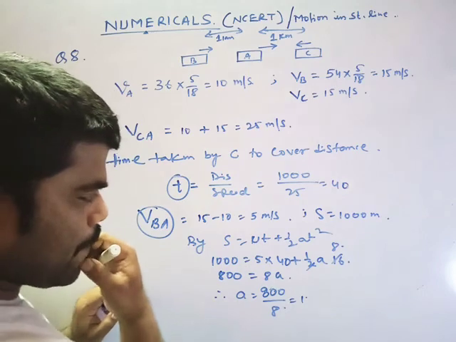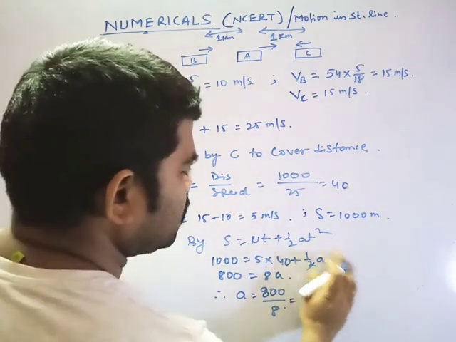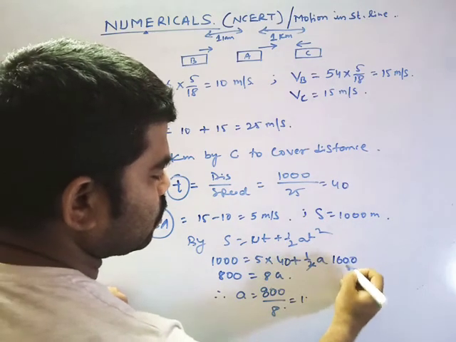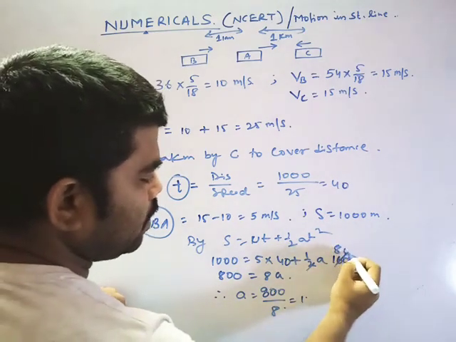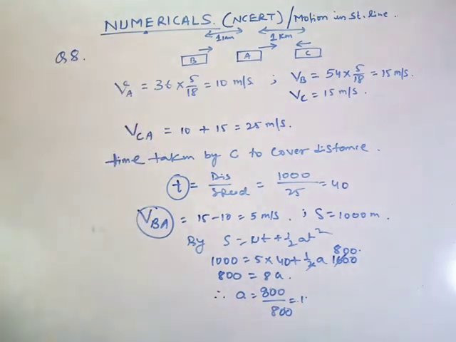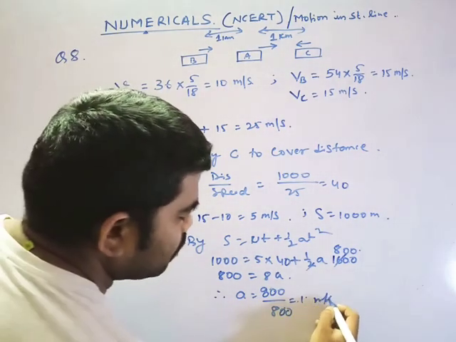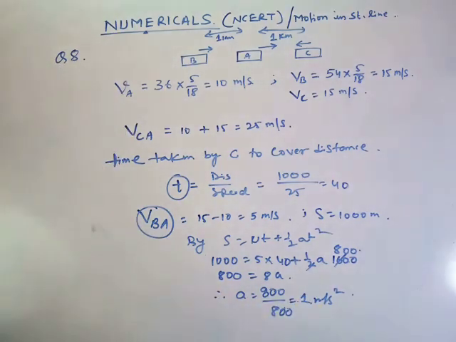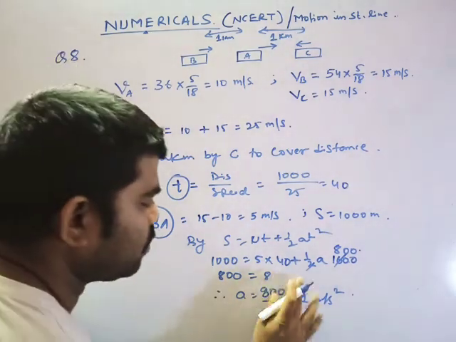Sorry, here also time will be little change. यहाँ पे हो गया 4 4 1600, right? I think 800 is there. Acceleration is 1, definitely 1 meter per second square. So I think yeah, I have to write 800, sorry.